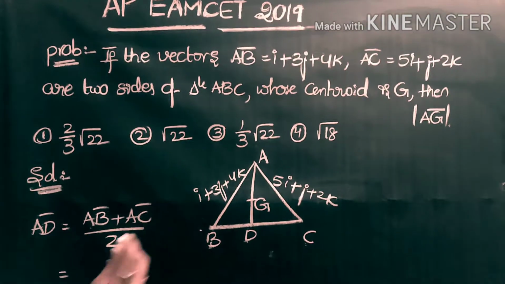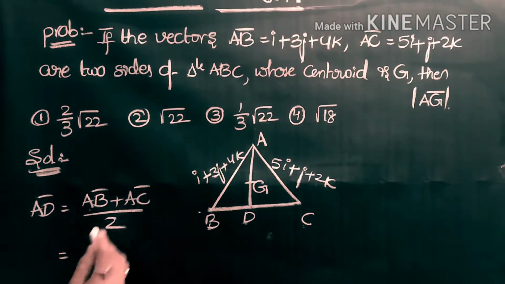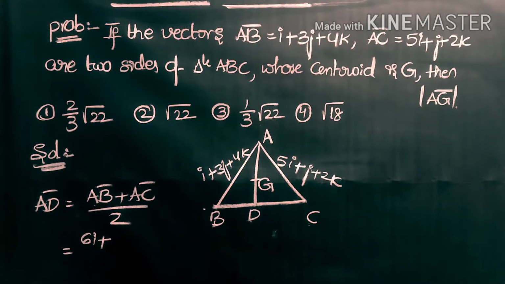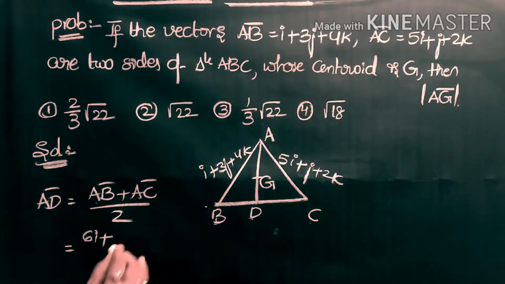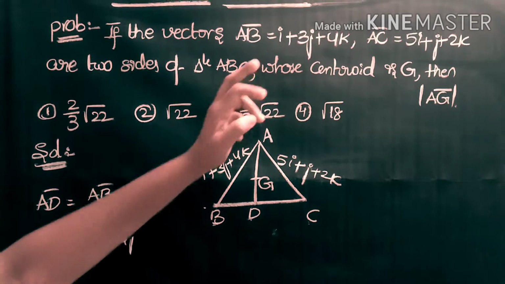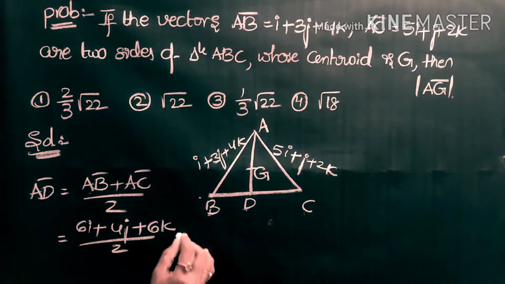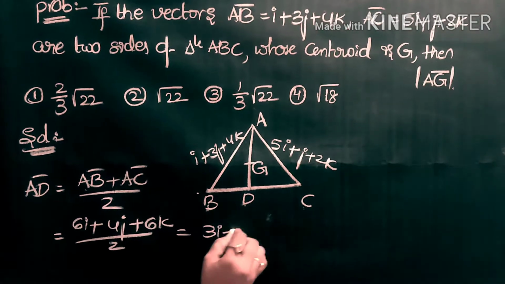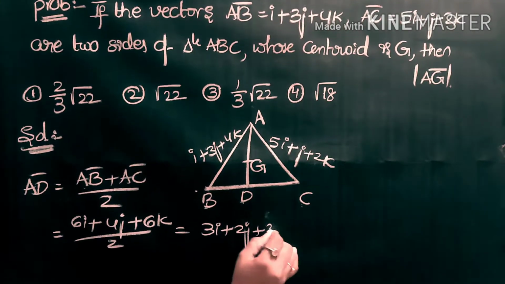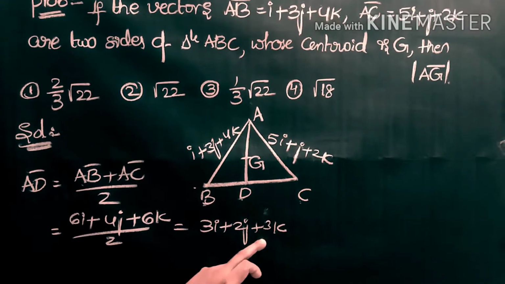That is (6i + 4j + 6k) by 2, which is equal to 3i + 2j + 3k. Now this is the AD vector.